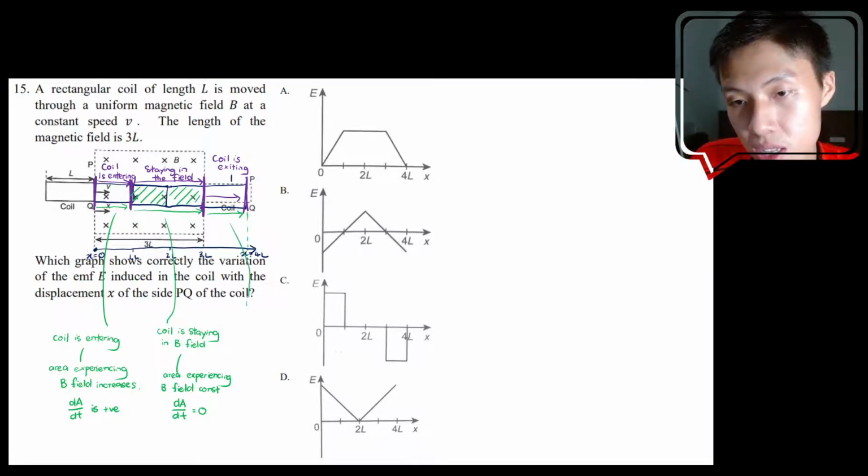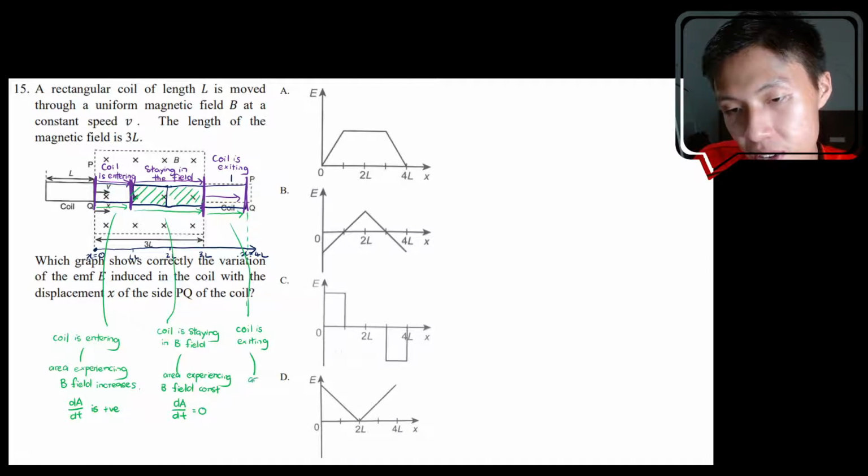So this one, the coil is exiting the magnetic field. I'll straight away write the area decreases, so dA/dt is negative.